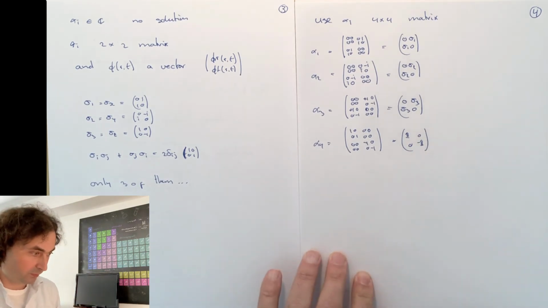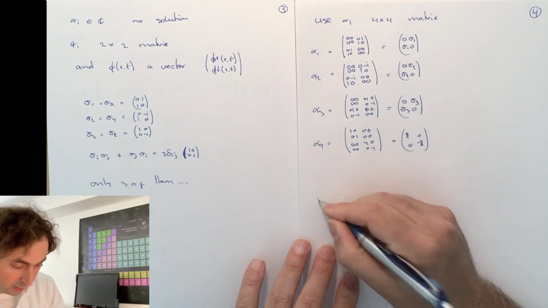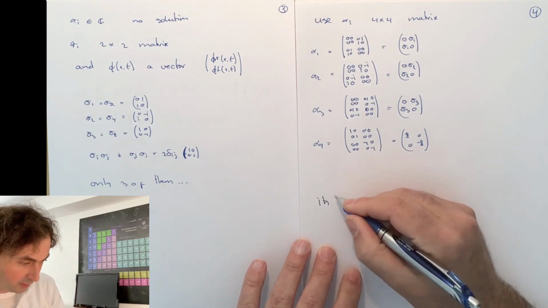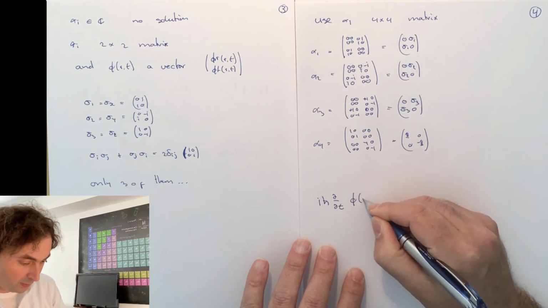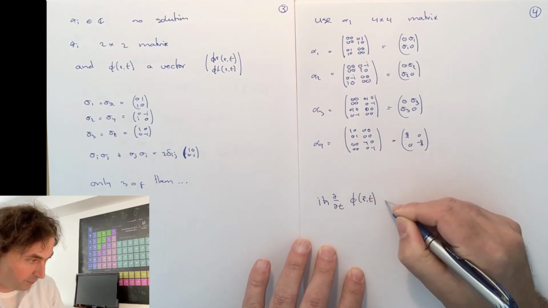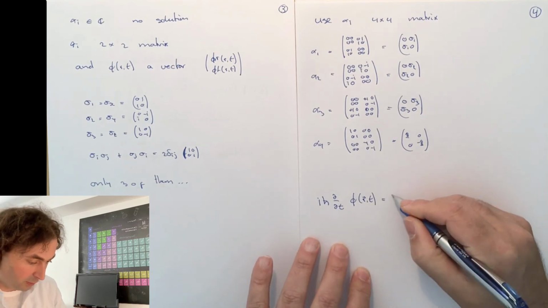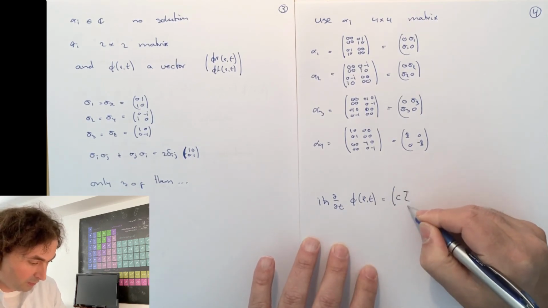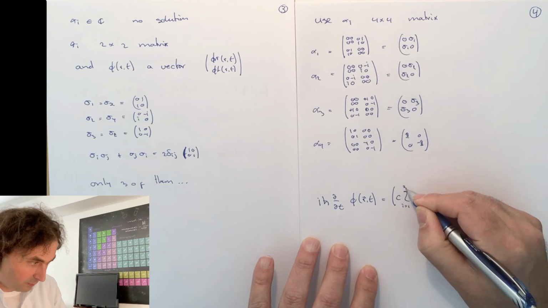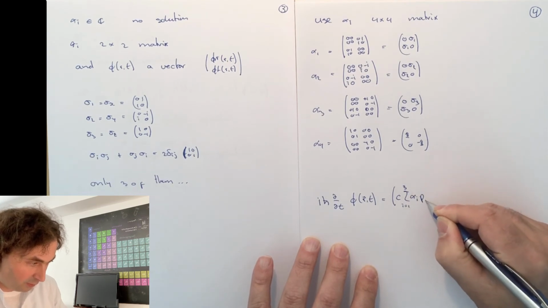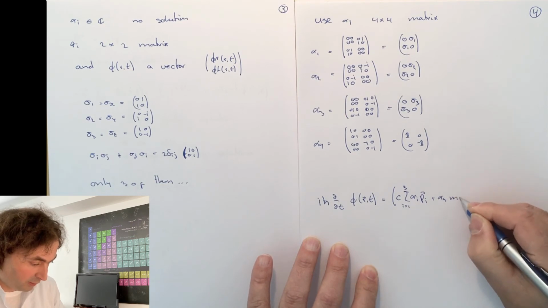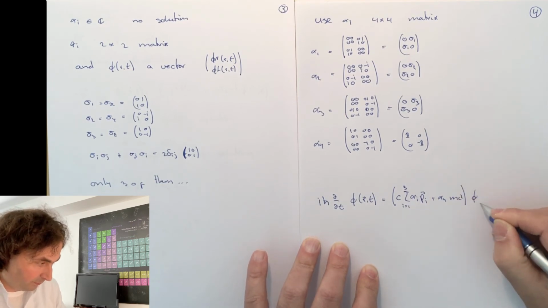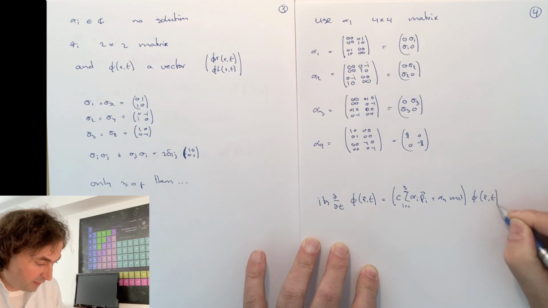If we now write down our equation, then we have i h bar d/dt acting on the wave function is equal to c sum i is 1 to 3 alpha i times the momentum plus alpha 4 m c squared, times psi(r,t).